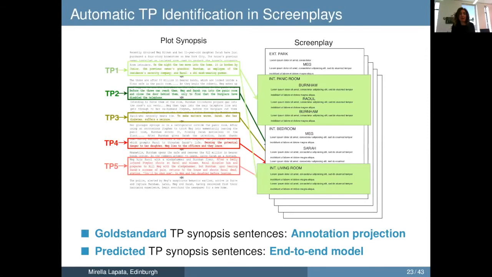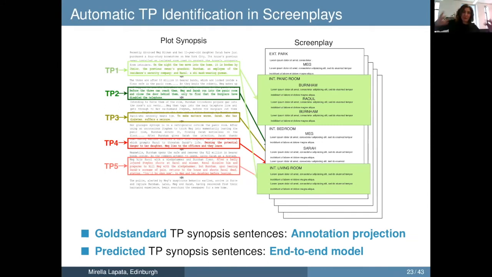Okay, so here's the task then for the screenplay level, turning point identification. I have a synopsis, and the synopsis has turning points in it, and the turning points can be gold standard or predicted. I will show results with both, and it will be no surprise that gold standard is better than predicted, but we really are interested in an end-to-end system where the turning points are predicted.